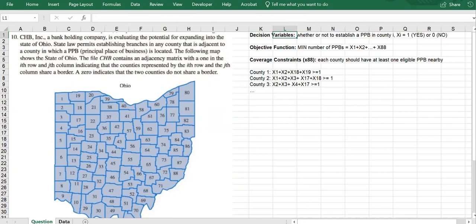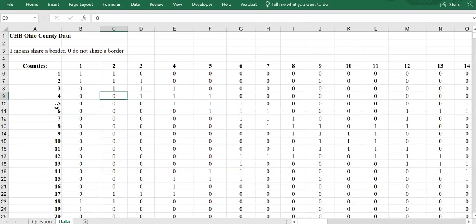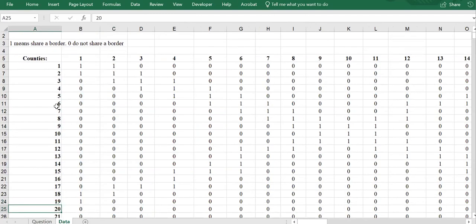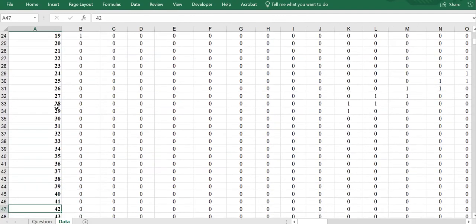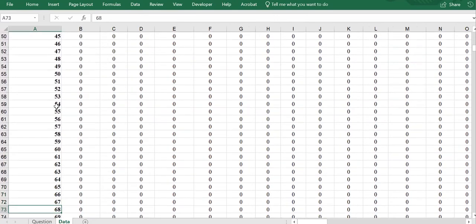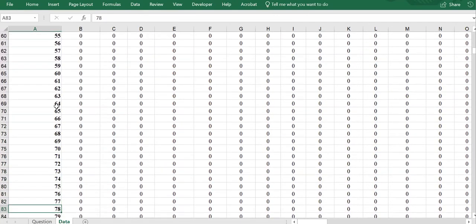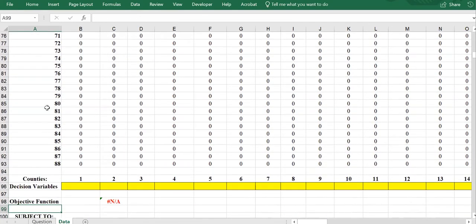So let's go ahead and go to the data tab. We have the metrics here, and I have also defined the decision variables, all these decision variables. And we have the objective function.